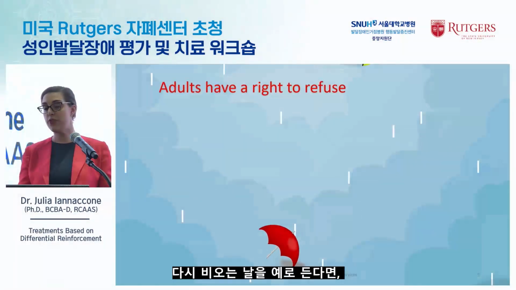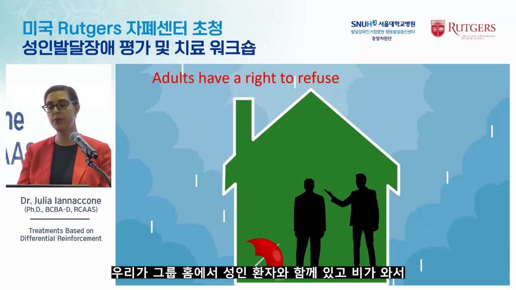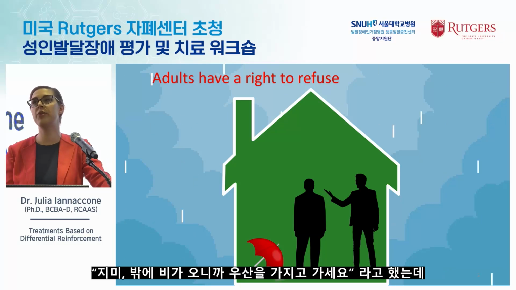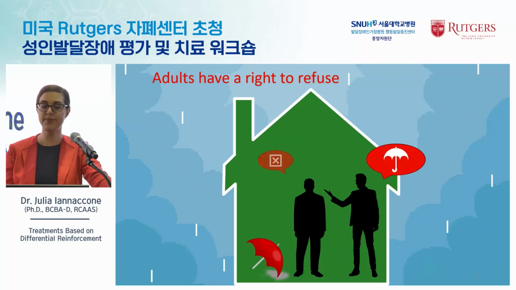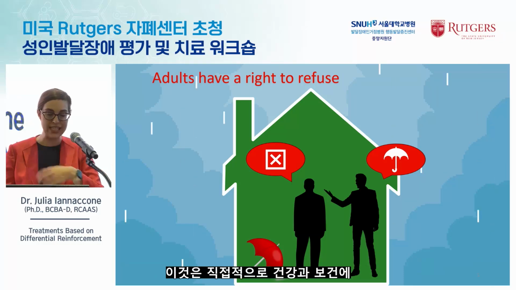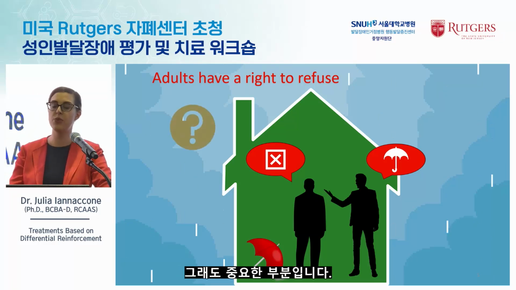Let's take, for example, the umbrella. We're working in a group home with an individual, it's raining outside, and we say, "Oh, Jimmy, go grab your umbrella because it's raining outside." And Jimmy says, "No, I don't want to grab my umbrella." It's not immediately affecting his health and safety, but it is kind of important. So what are we going to do?